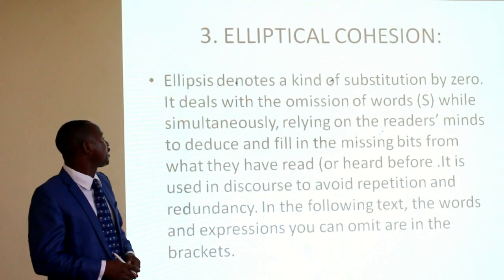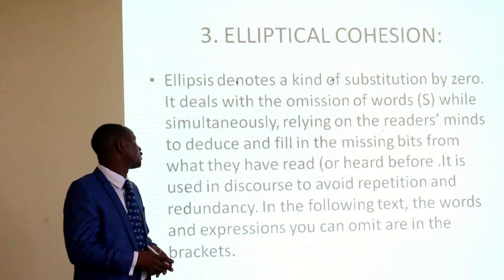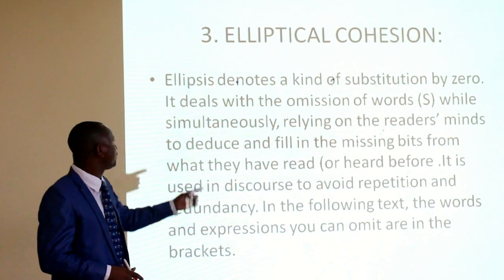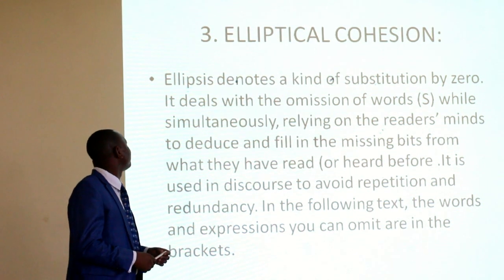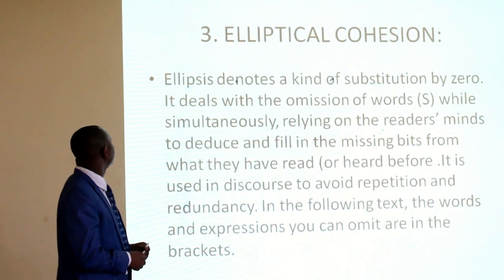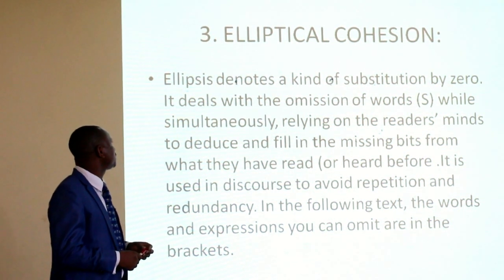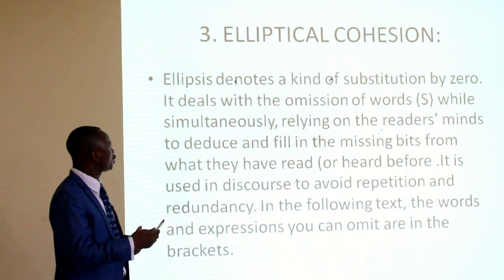Let us go to the third aspect of how to achieve cohesion in a text. This is elliptical cohesion. As we know the concept of an ellipsis, ellipsis simply denotes a kind of substitution by zero.